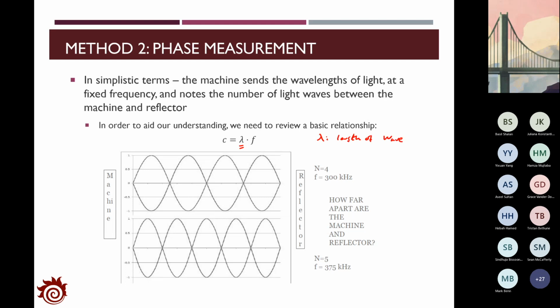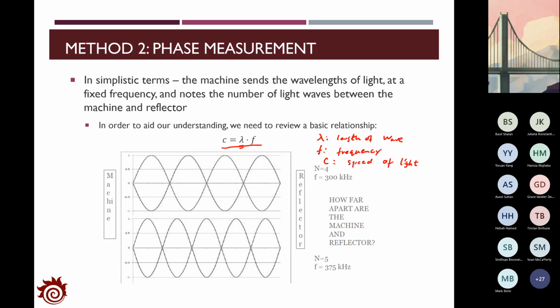And we also know the frequency, we can then calculate the relationship between the wavelength and the speed of the light, which would be c, the speed of the light. That is c equal to the wavelength times the frequency. The frequency indicates how many waves there are every second.